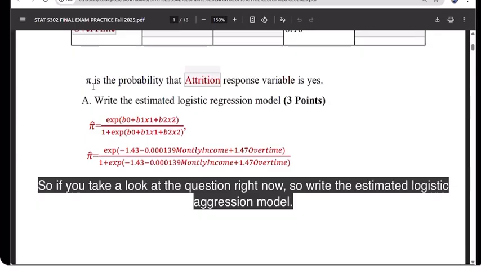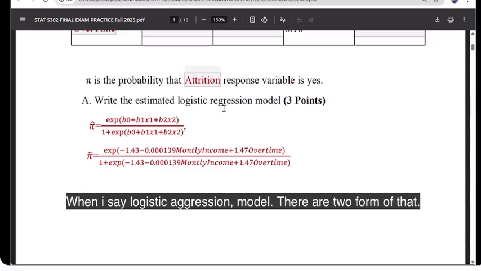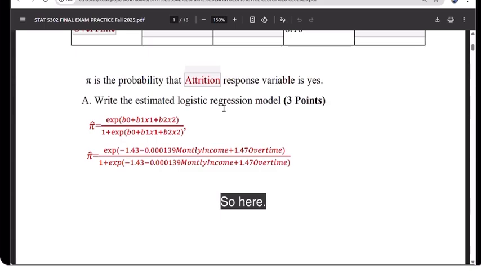If you take a look at the question, it says write the estimated logistic regression model. When I say logistic regression model, there are two forms: a logit form and a probability form.